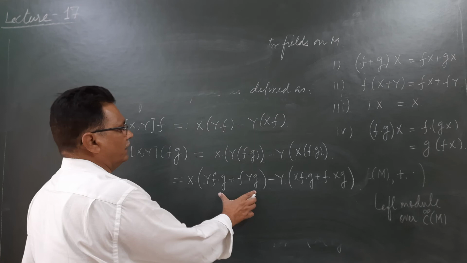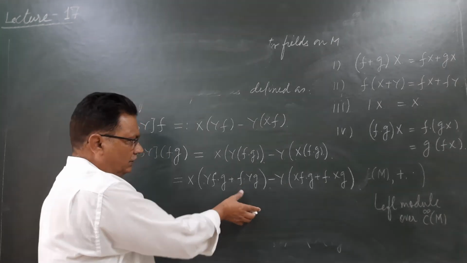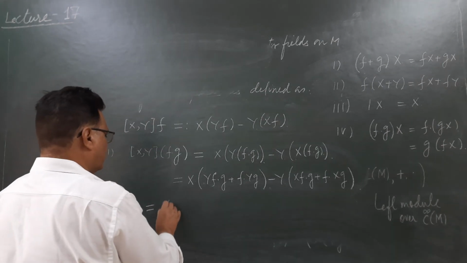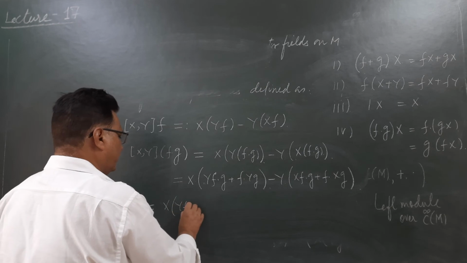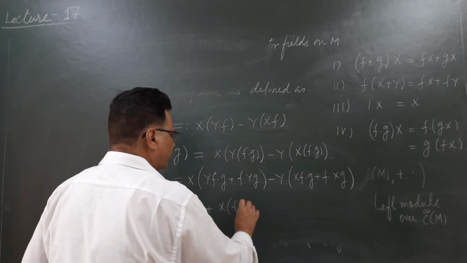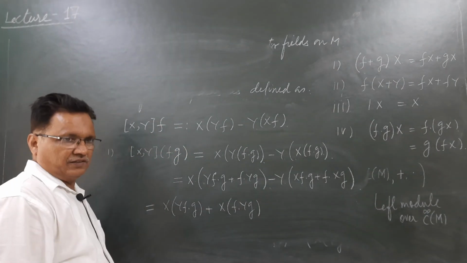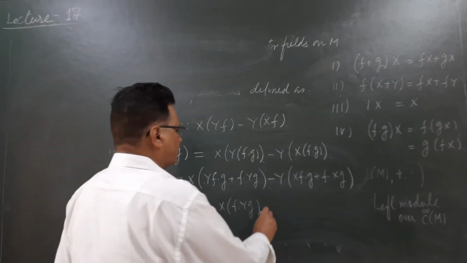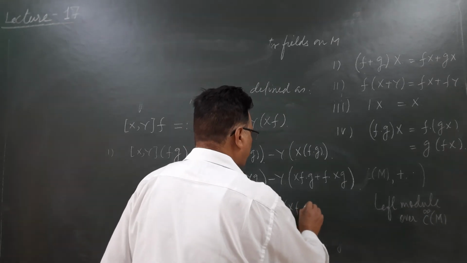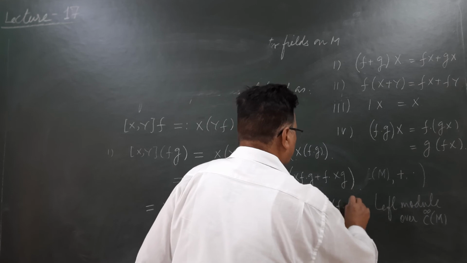So here in the bracket you have sum of two functions. Each function is a product of two functions. So let me simplify. So X will operate on this product Yf into g plus X operating on this product f into Yg, with the linearity. Minus Y operating on Xf into g and minus Y operating on f into Xg.